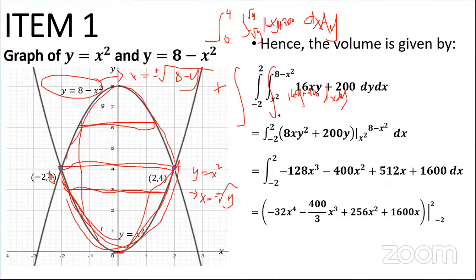So we have from negative square root of 8 minus y to square root of 8 minus y. In this region, if we move this horizontal strip downward, we start with y equal to 4, and if you move upward, we end at y equal to 8. Sorry for my handwriting. But did I address the question?